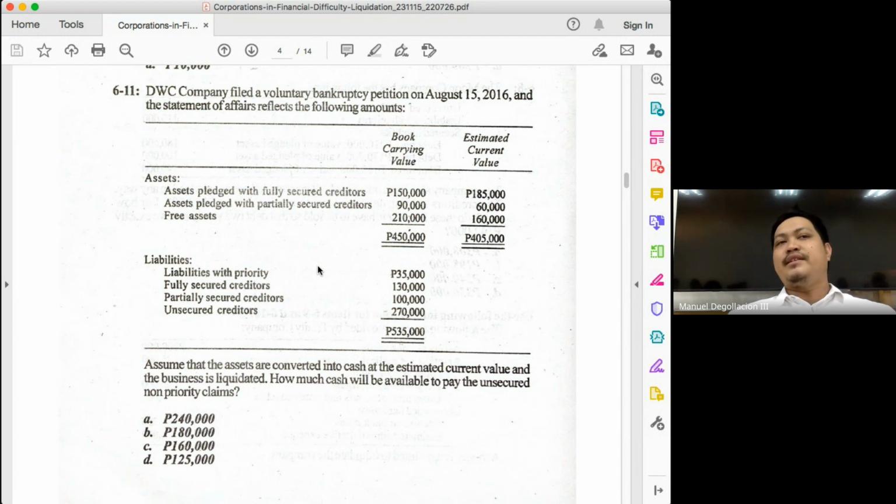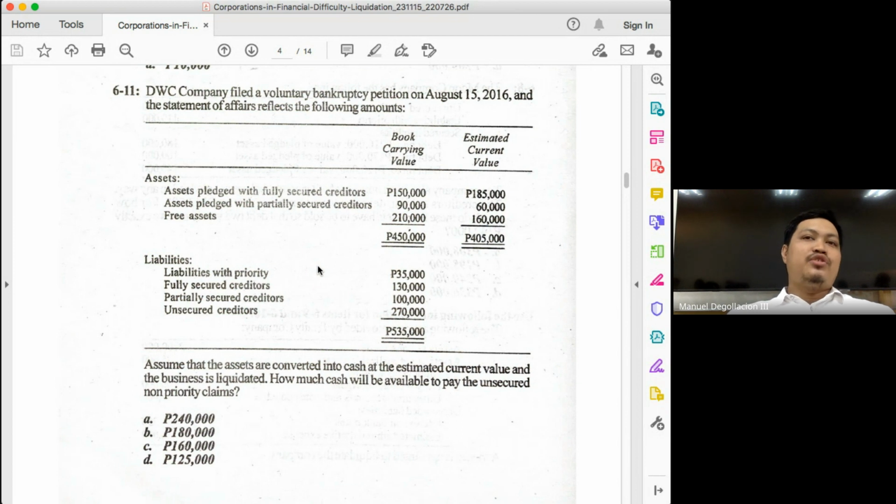Net free assets over unsecured liabilities without priority. Your recovery rate is simply your net free assets divided by your total unsecured claims without priority.